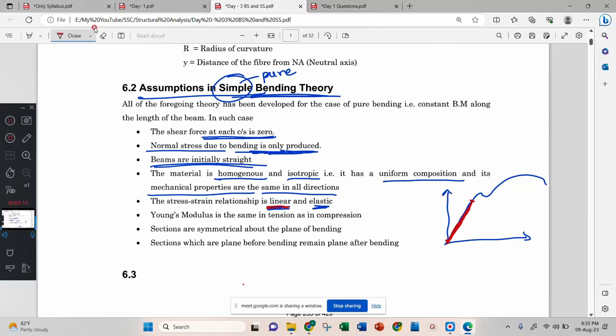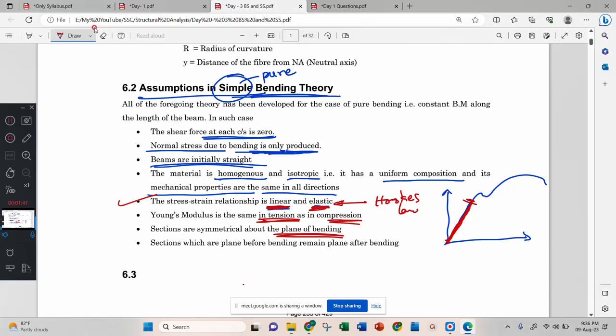Because the stress strain is a linear line, and elastic because the elastic point is there. That assumption is there. Means when I consider this, I can say that Hooke's law is valid, because Hooke's law is also from here to here. Young's modulus is the same in tension and compression. That is always.